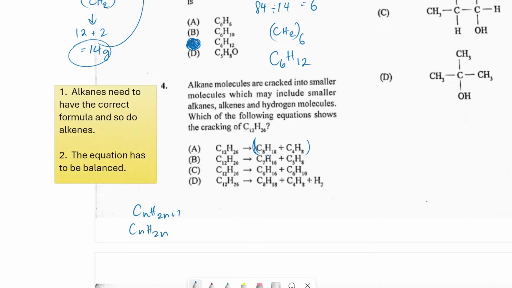C8H18, that's octane, because 2 times 8 is 16 plus 2 is 18. And C4H8, that's butene. So off the bat, the two criteria that are suggested here, 1 and 2, are very much seen here. So that's correct.